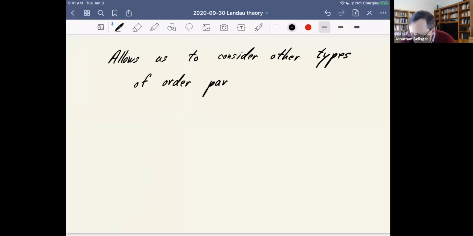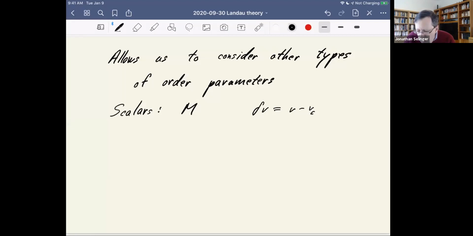The order parameters that we have talked about so far are scalars. All right, we have a scalar, which is the m in the Ising model, or a scalar, which is the delta V, the V minus Vc for the liquid gas.